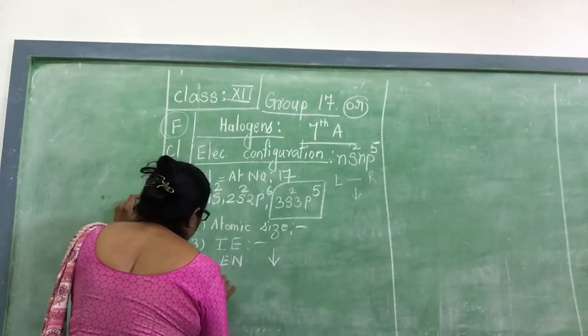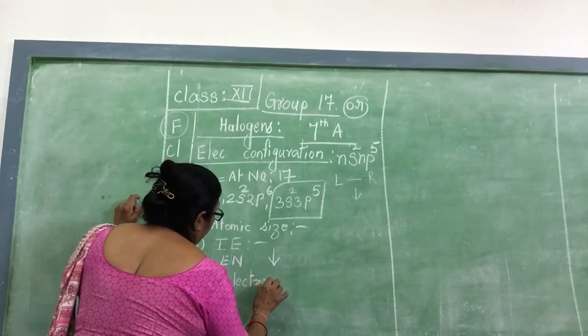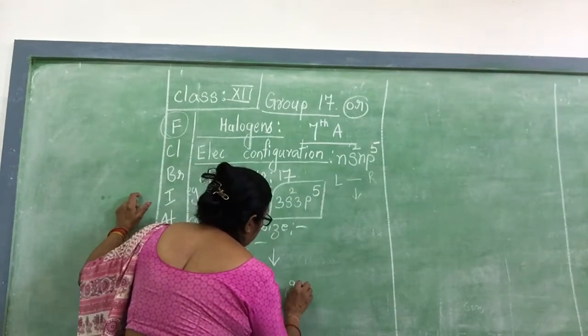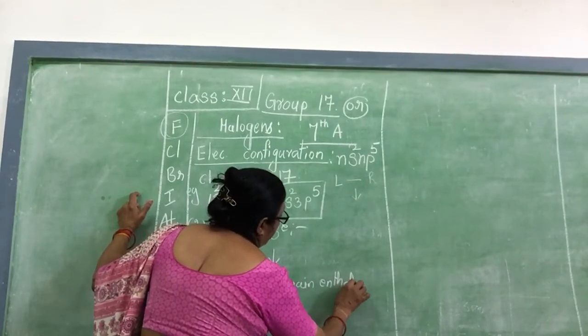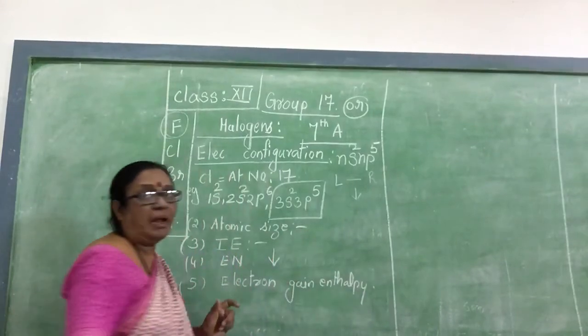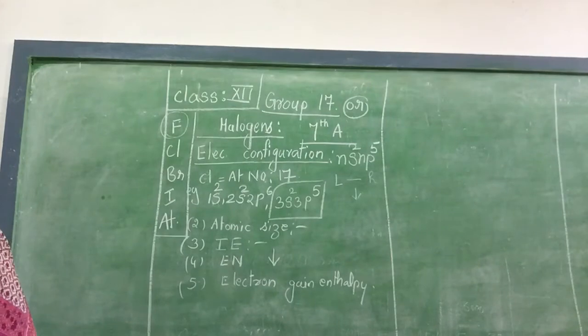Now the fifth point is electron gain enthalpy. Halogens have the maximum negative electron gain enthalpy in the corresponding period. This is due to the fact that atoms of these elements have only one electron less than the noble gas configuration.